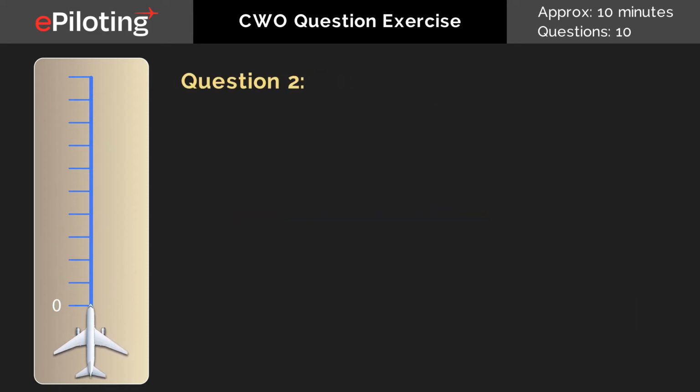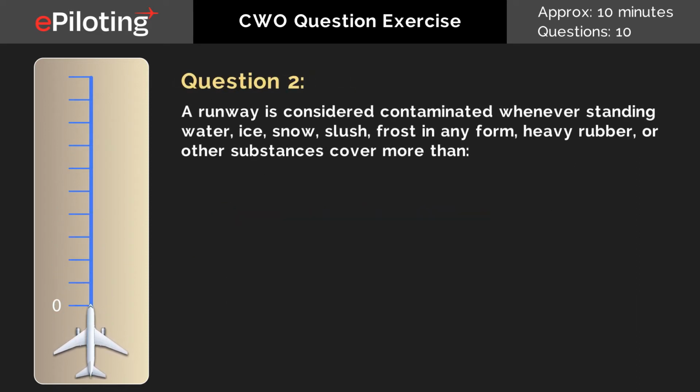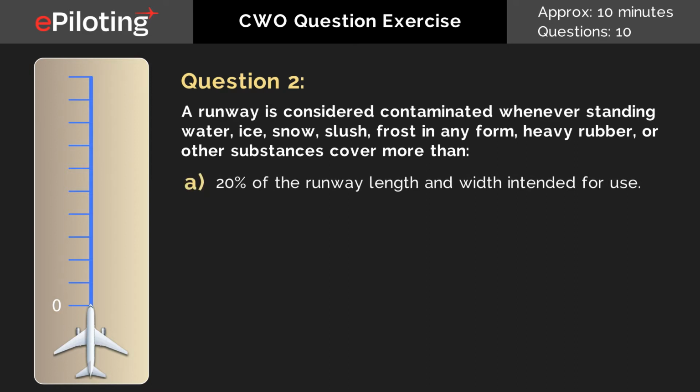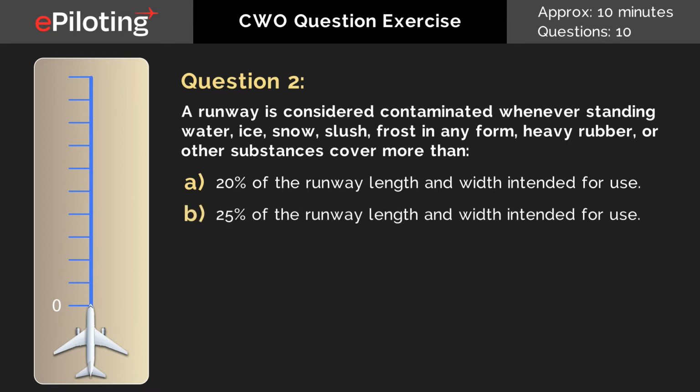Question 2. A runway is considered contaminated whenever standing water, ice, snow, slush, frost in any form, heavy rubber, or other substances cover more than A. 20% of the runway length and width intended for use. B. 25% of the runway length and width intended for use.